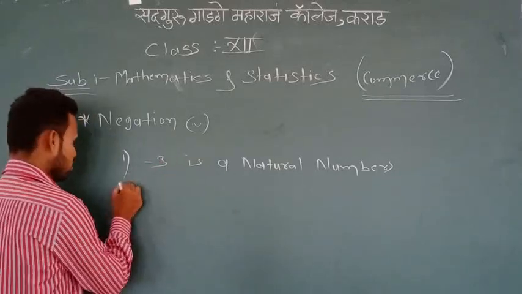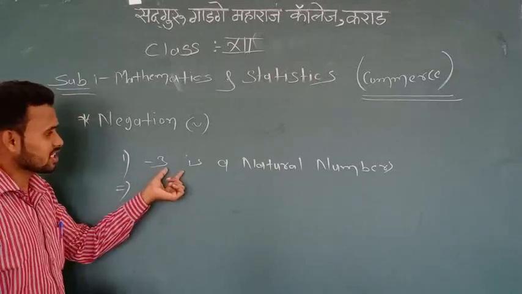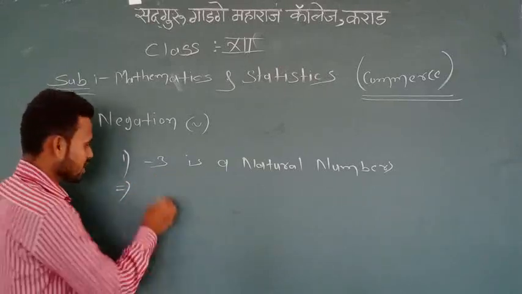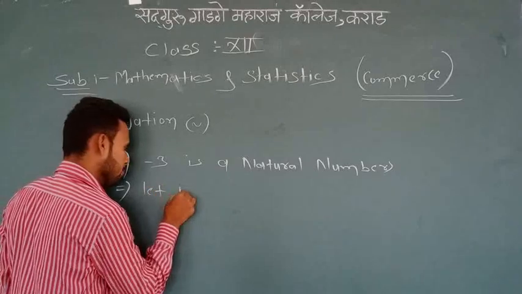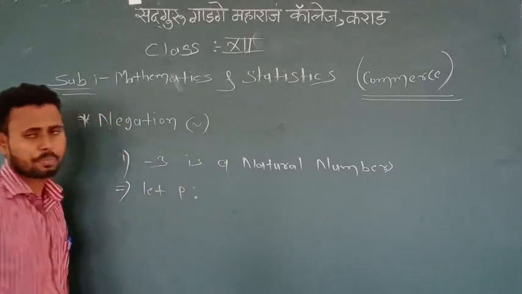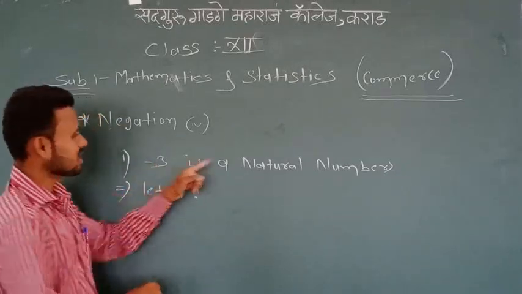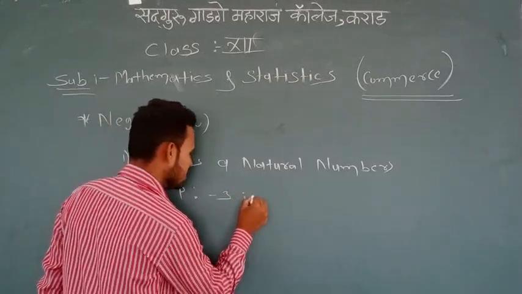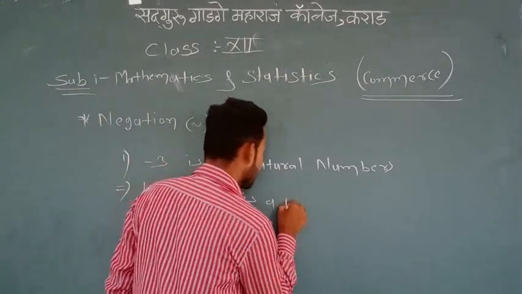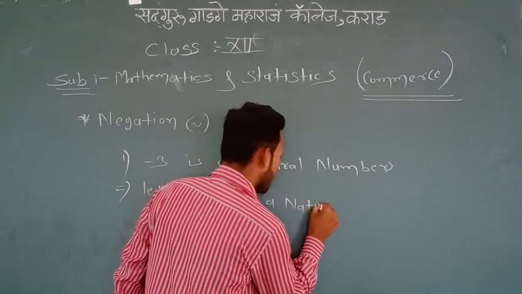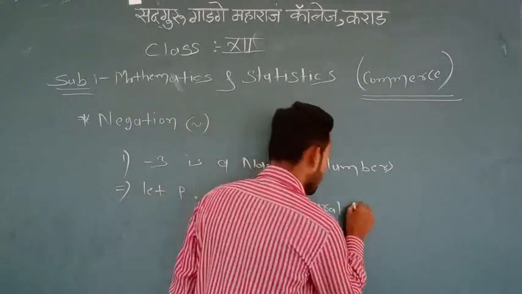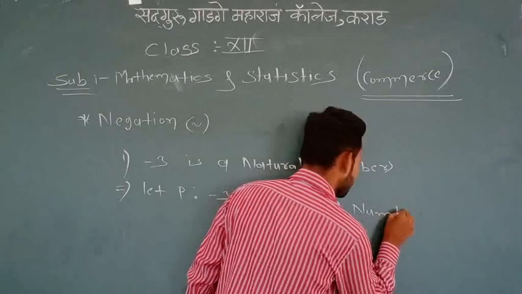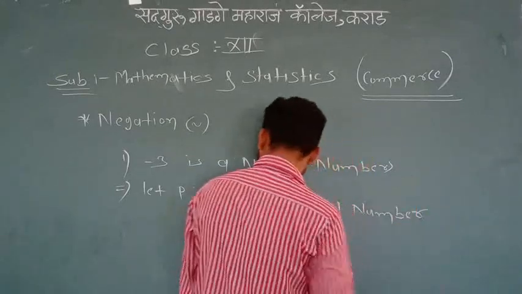Solution: first consider this given statement as a statement. Let P denote -3 is a natural number.